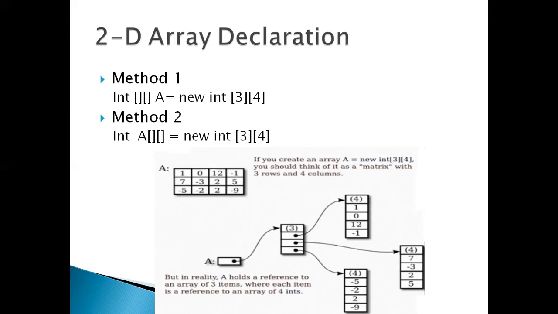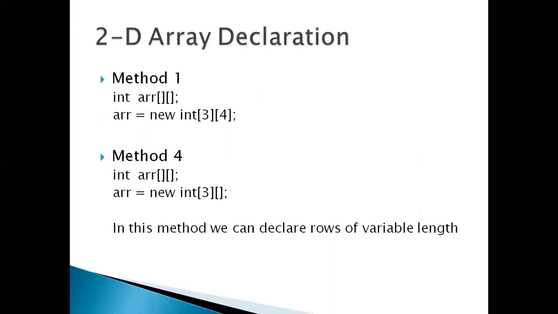But in reality, A holds a reference to an array of 3 items, where each item is a reference to an array of 4 items. So A holds the address of an array containing 3 items, and each cell holds a reference to one array of size 4. That is why we said that a 2D array is an array of arrays.